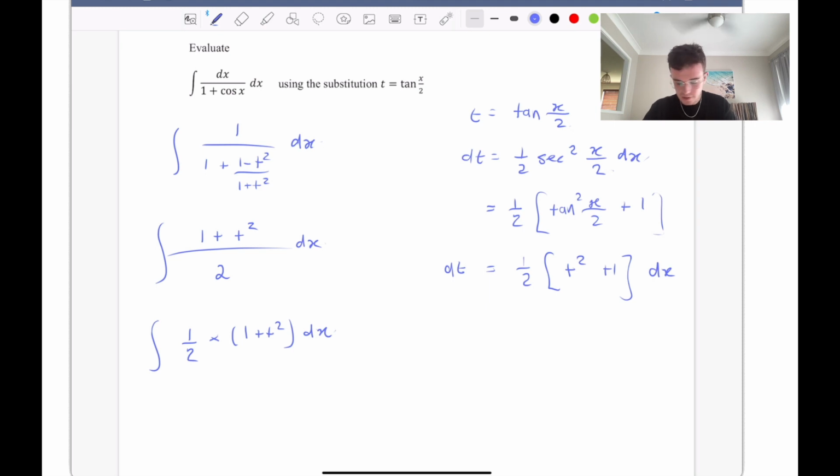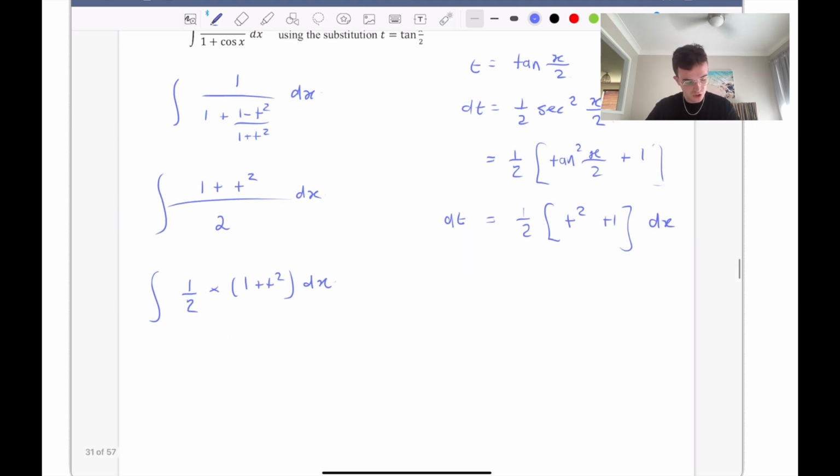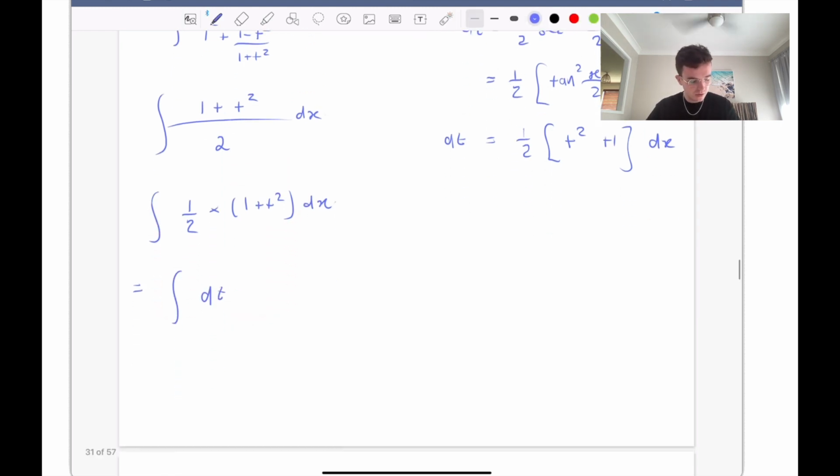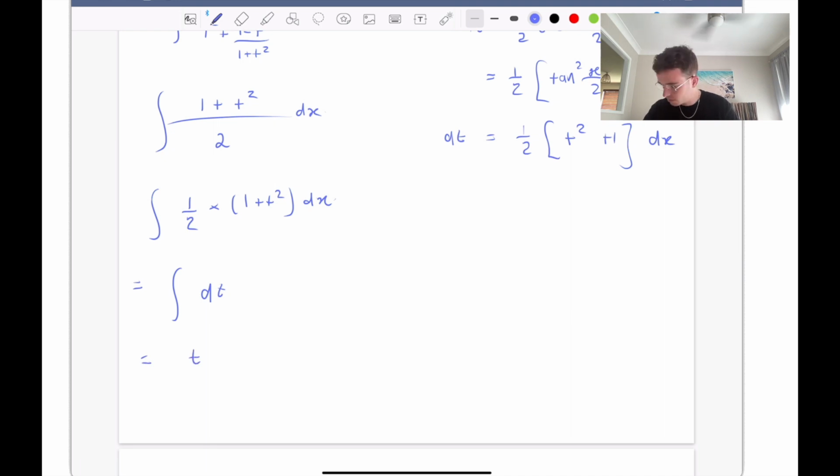So we can just replace this with dt. This is just the integral of dt, because that is dt there. So the integral of dt of course is t plus c, but t was tan of x on 2, so this is tan of x on 2 plus c.